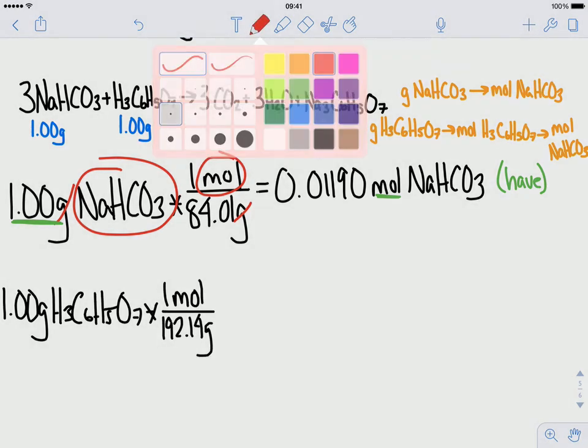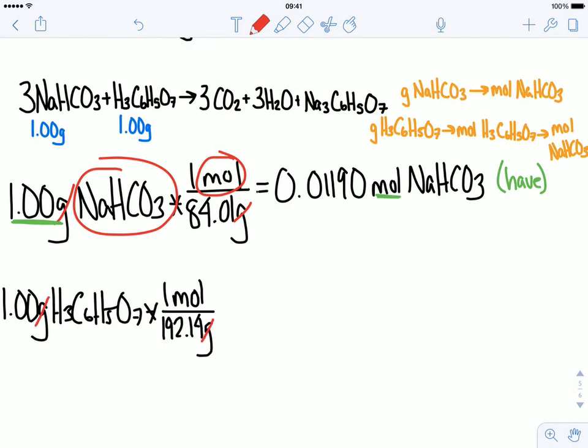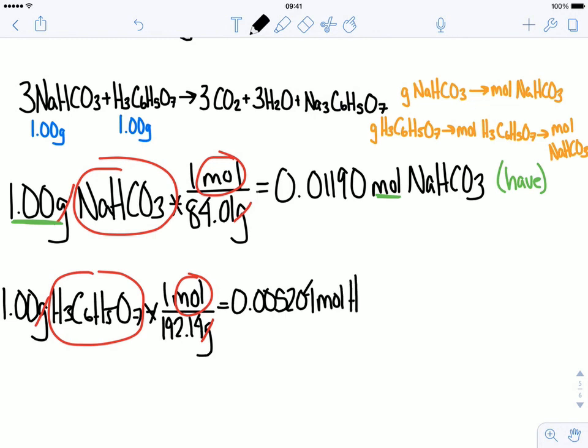Okay, now we need to cancel out our units. Grams cancels with grams, and we're left with moles of citric acid. And when you put this into your calculator, you should get 0.005204 moles of citric acid.